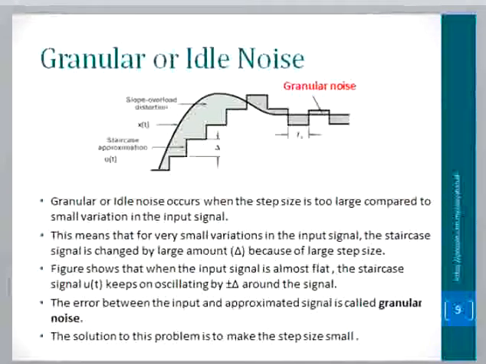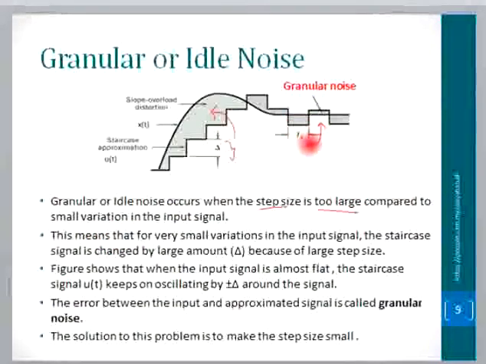For slope overload distortion, delta is important. But for granular noise, this period is important. This means the step size is too large compared to small variation.